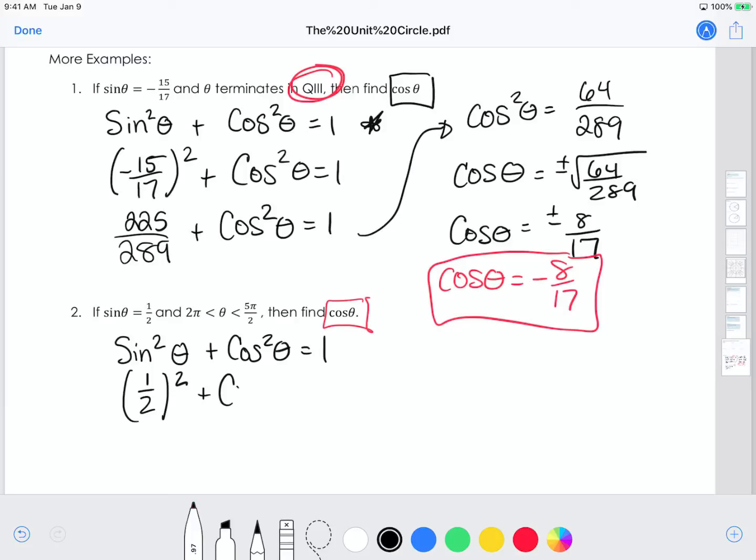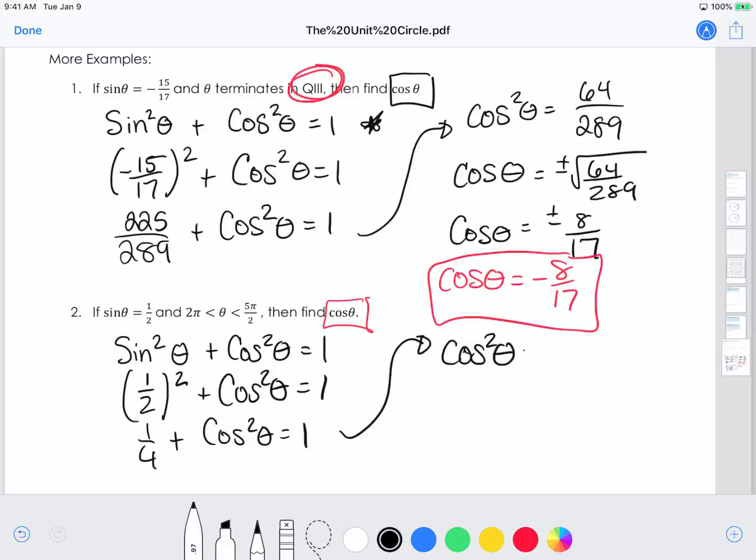So I'm going to square a half, and I'm going to get 1/4. Then I have to subtract 1/4 from both sides. So you're going to have to make 4/4 so you have a common denominator. And I'm going to get cosine squared theta is equal to 3/4.